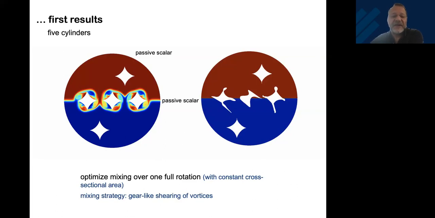Okay. So if you were an optimizer and you would have one rotation, you probably would not do anything on these ones because you should not waste your energy on this one, because over the time horizon that the optimizer sees it does not really see any mixing opportunities whatsoever.